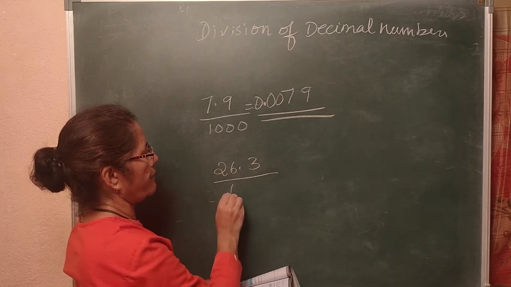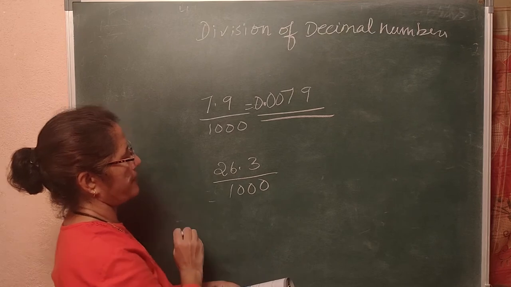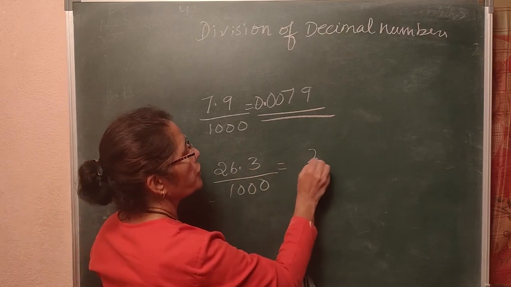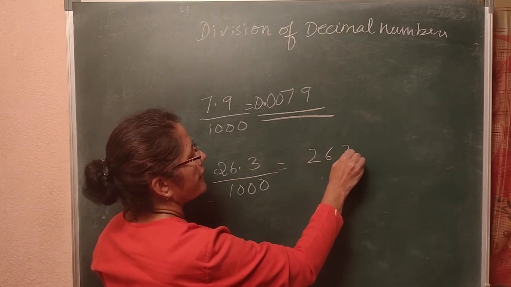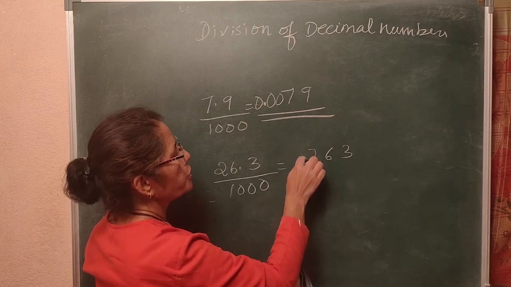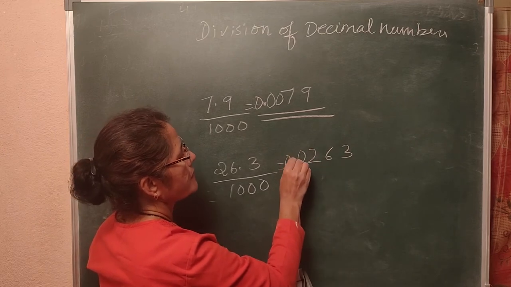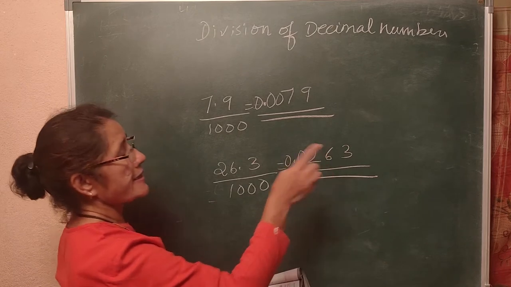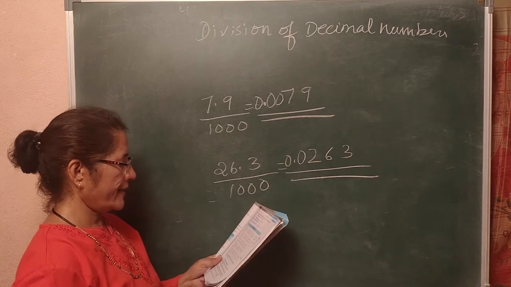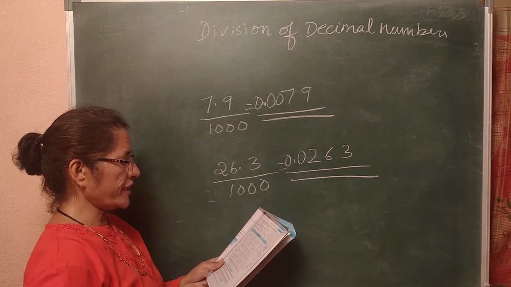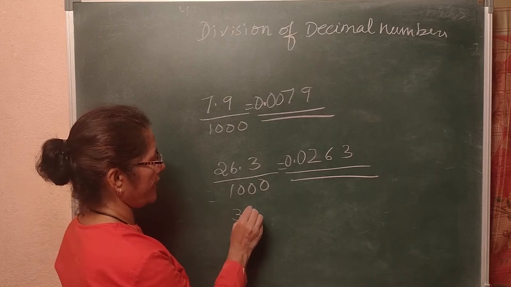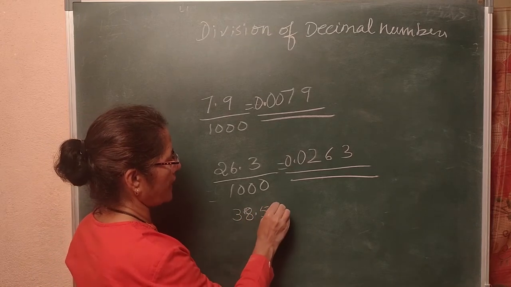26.3 divided by 1000. So, 2, 6, it was here. 3. 1, 2, 3. 0.0263. Now, let me do 38.53 divided by 1000.